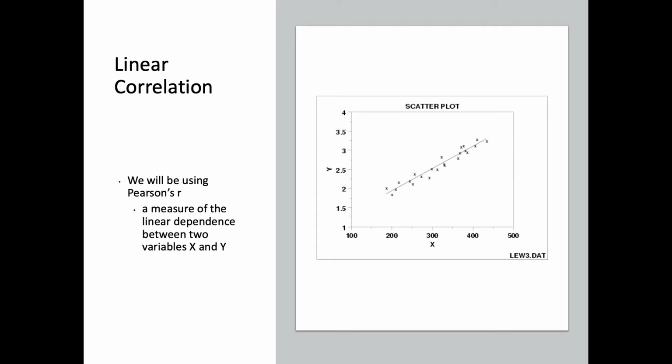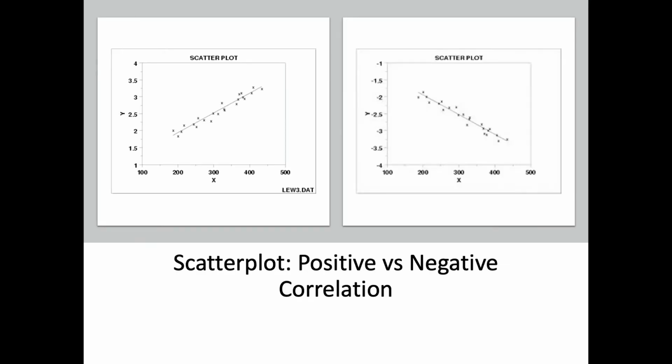For this class, we're going to use Pearson's r linear correlation analysis, because there are tons of different kinds of correlations, but for this class we'll just use Pearson's r. It's a measure of the linear dependence between two continuous variables, x and y. For linear correlation, there are different kinds, as you can see from the scatter plots.